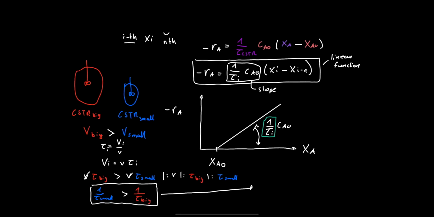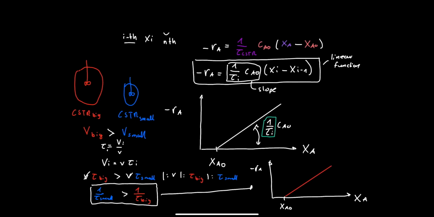So if we transfer it to our plot, where we have negative RA and conversion A on our axes, we start with a conversion at A0.